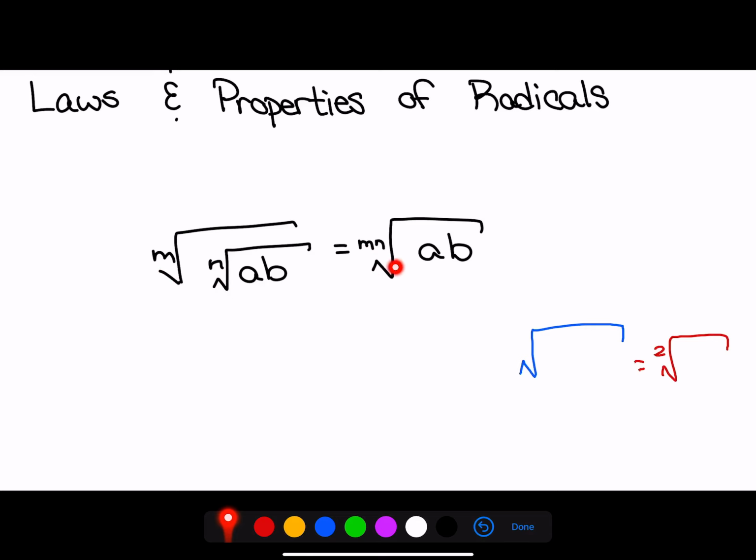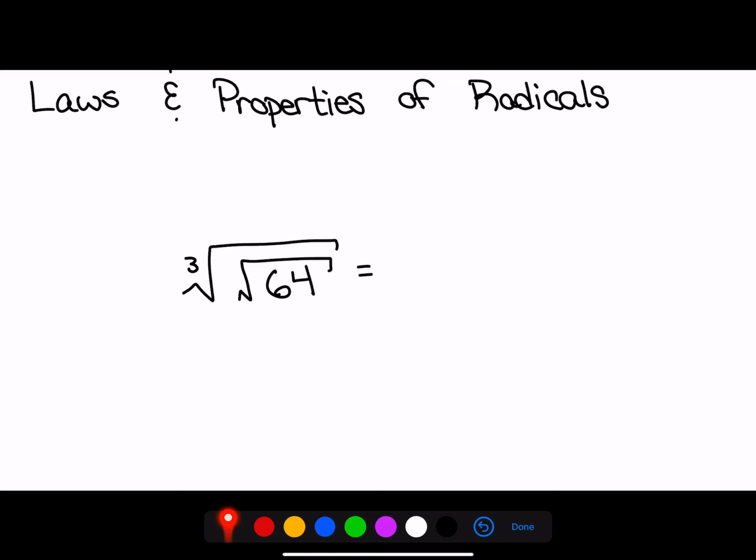And then from there, we'll have the m times nth root of whatever we're dealing with on the inside of our radical. So if we take a look at this one, we have the cube root of the square root of 64. So if we think about this, what number should go right here if it's blank? Well, that should be a 2, because it's the square root if there's nothing there. So this will give me 3 times 2, which is 6.